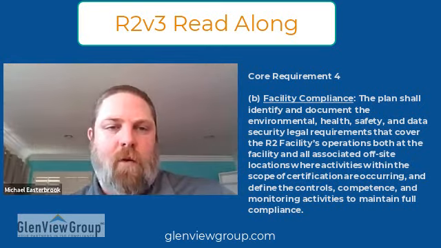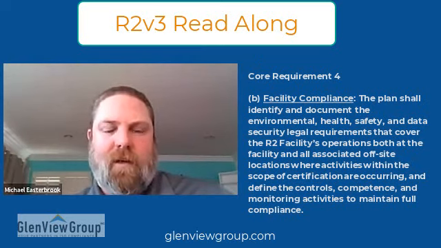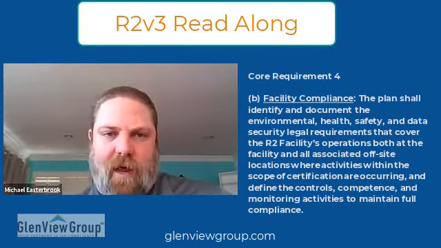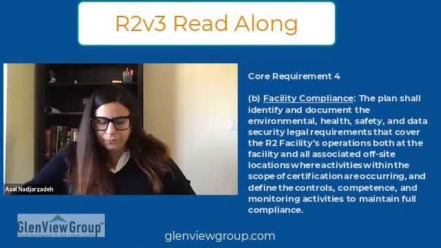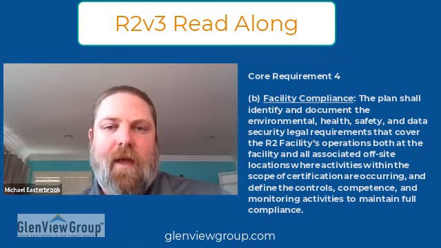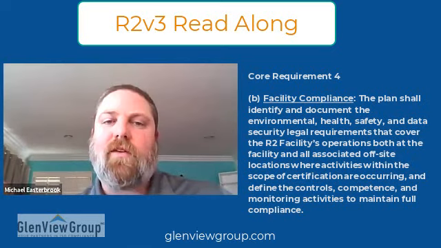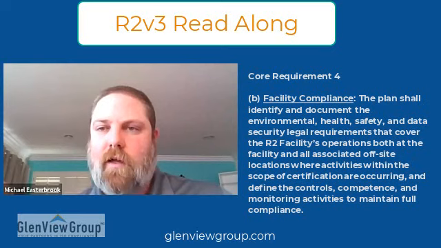So I really talked about all the facility compliance when I talked about Section A, but the new thing here is the operations both at the facility and all associated off-site locations where activities within the scope of certification are occurring.